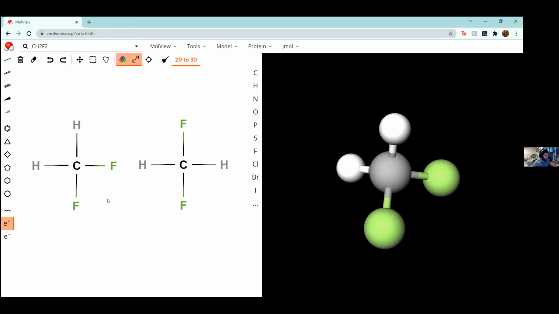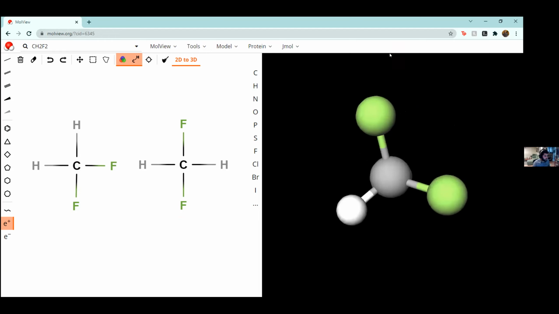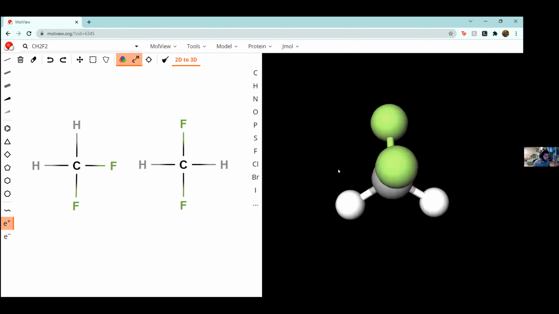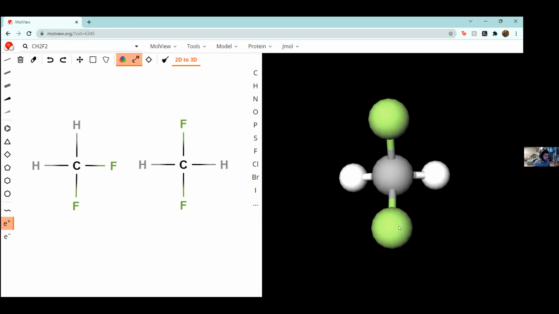Right now, it resembles the picture on the left, the one that we could clearly tell is polar. But with a little bit of tweaking, now it resembles the one on the right, the one that's not polar.